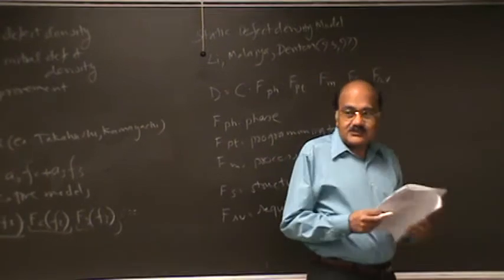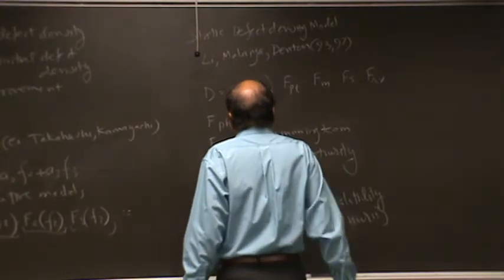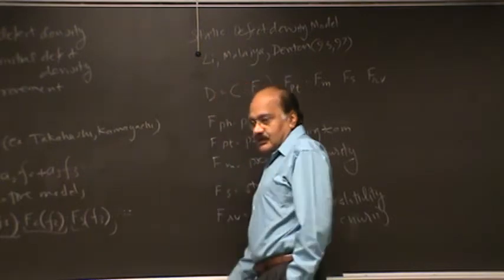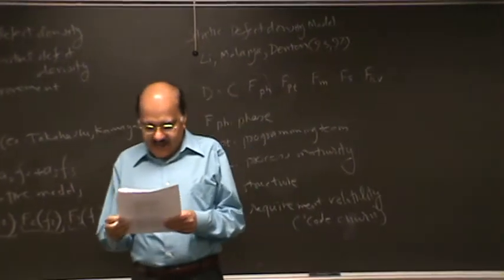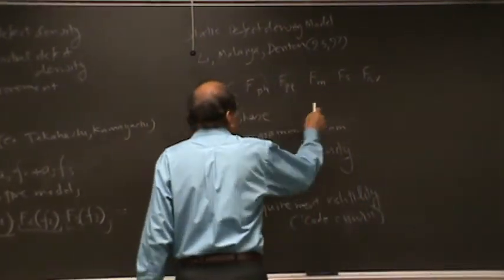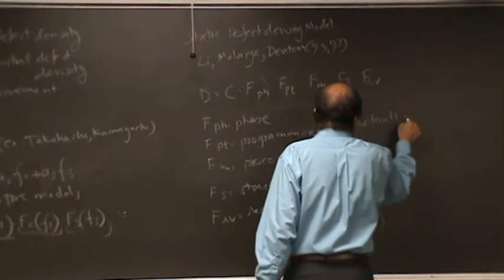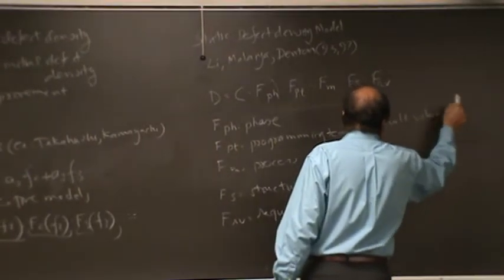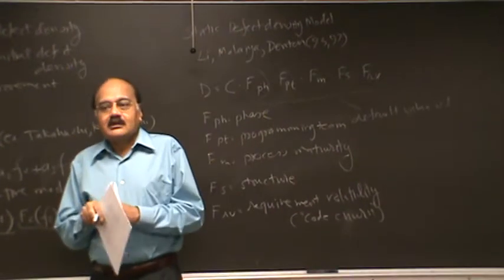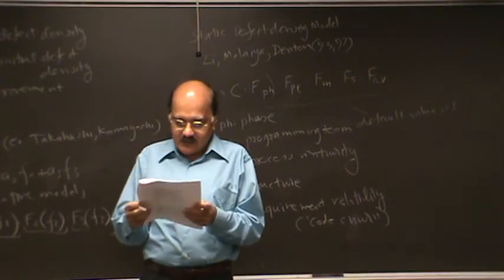So now the challenge is to figure out what these factors are. What happens to the phase which will cause defect density to be multiplied by a certain factor? And the default value of each is 1. If you don't know about a certain factor, assume that it is the typical value, and for a typical situation, the value is 1.